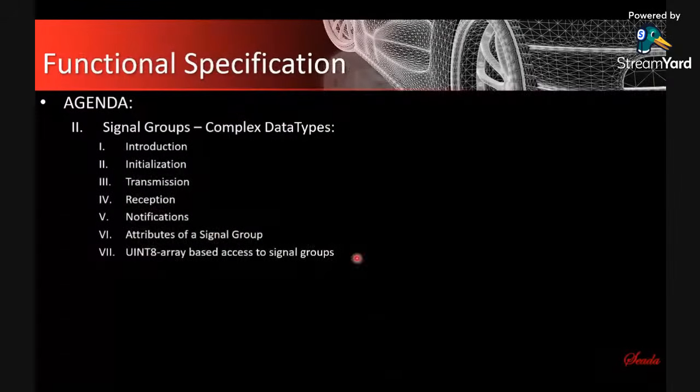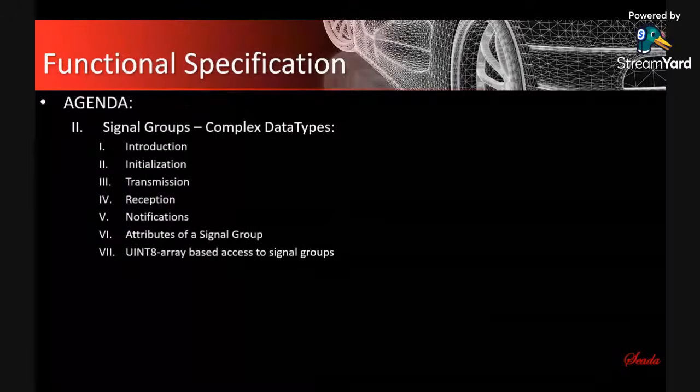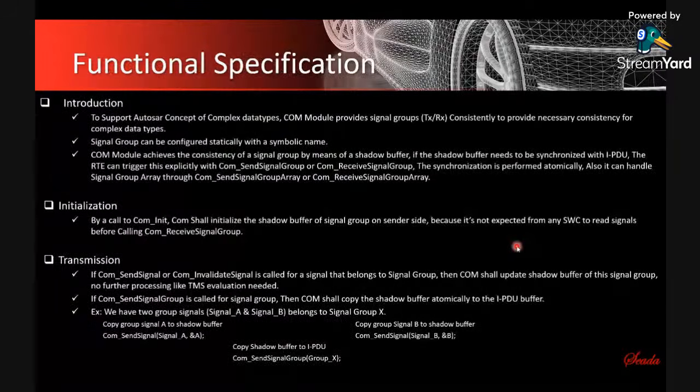Then what we have here is a very important concept in the COM, signal groups. We talked about signals. Let's see the signal groups and the types of signal groups. First of all, signal groups are here to introduce the concept of complex data types. When we have signals like a UINT8 signal, a float signal, a UINT16 signal, and they are not the same data type to be inserted in the COM, do you think it's going to be easy for the COM?